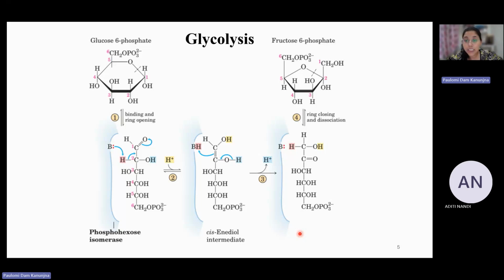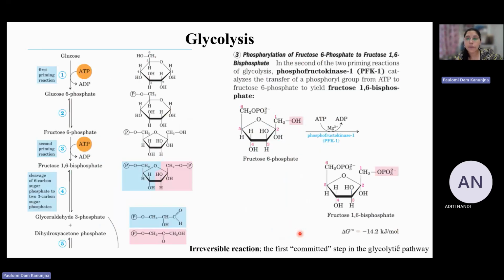Now what happens in the third step? In the third step, your fructose 6-phosphate gets converted to fructose 1,6-bisphosphate. What is 1,6-bisphosphate? It means there is another addition of phosphate. You had already a phosphate added onto glucose in the very first step. Again, in the third step, which is here, you have the second ATP being used.